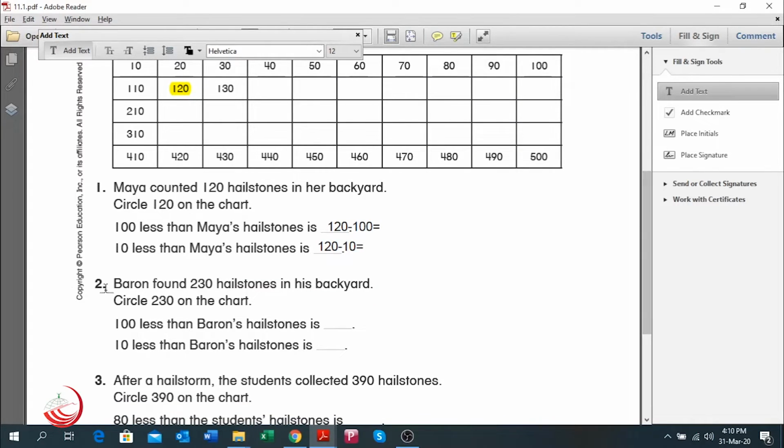You answer. Number two, Baden found 230 hailstones in his backyard. Circle 230 on the pattern. So after you fill the chart, circle 230. Where's 230? And you make a circle around it. Here. 100 less than Baden's hailstones is, so you have to write here, 230 minus 100 equals what? 10 less than Baden's hailstones is, again, 230 minus 10 equals what?